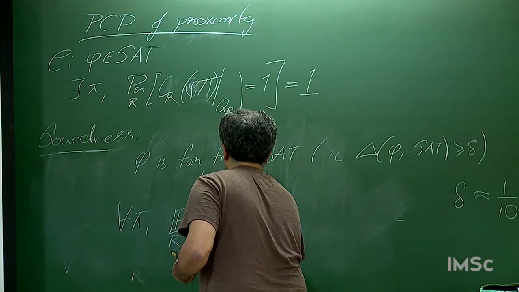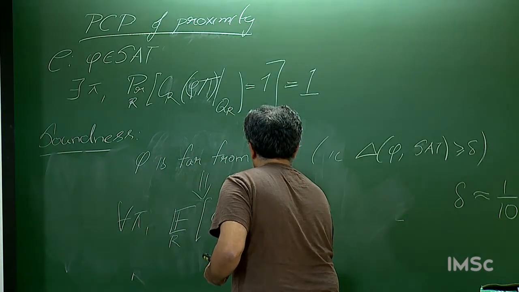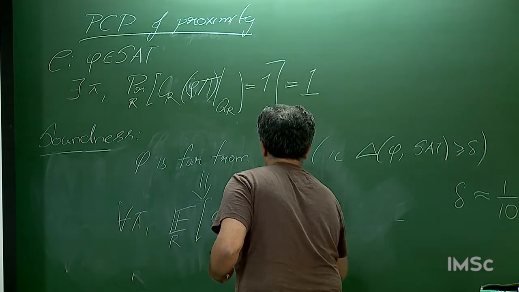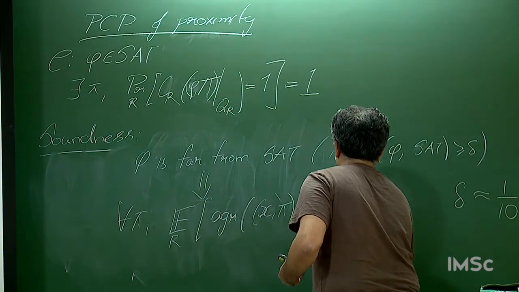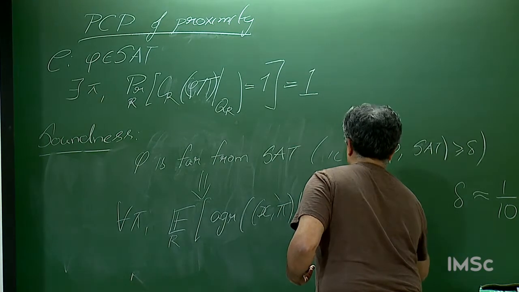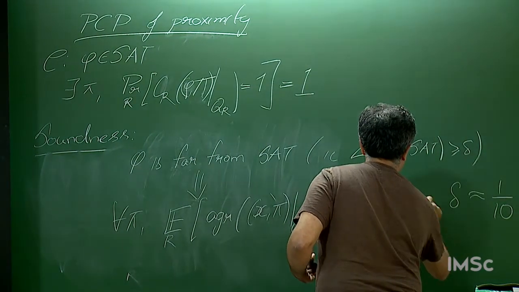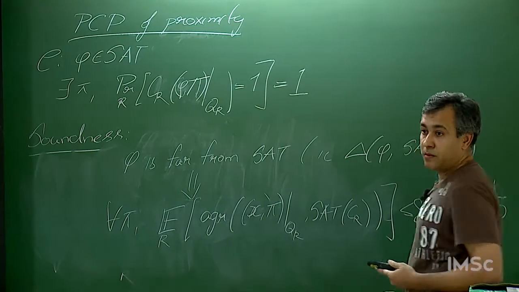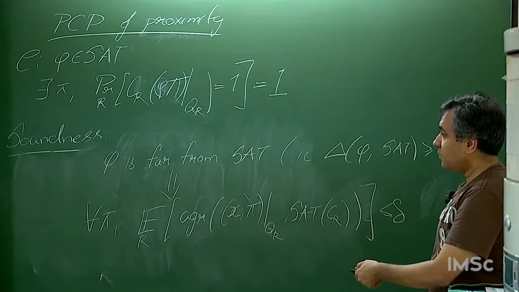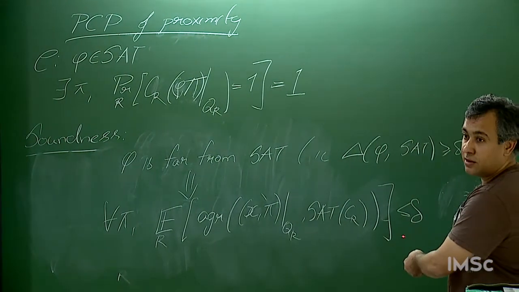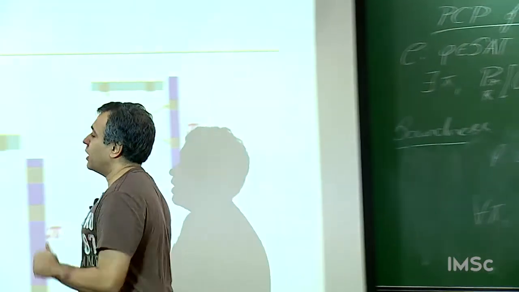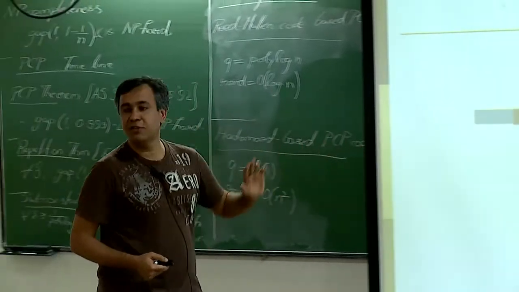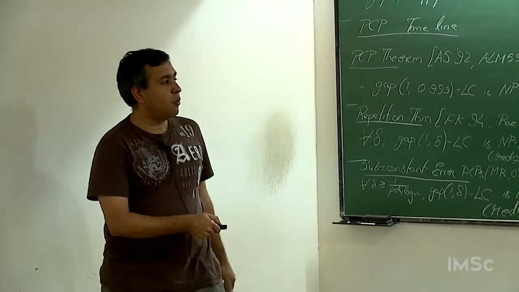The agreement of x and pi, that delta over there was exactly this delta, the robust soundness. I want to claim that you can never get robust soundness less than half if you do such a composition procedure. And what is that?